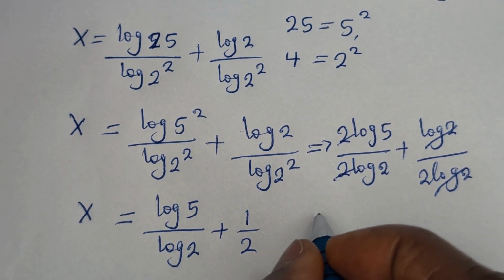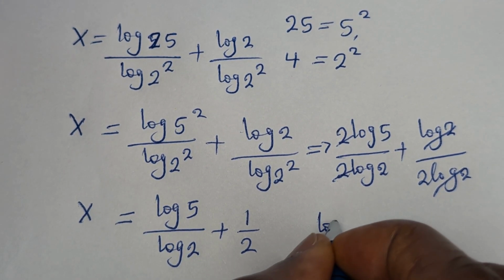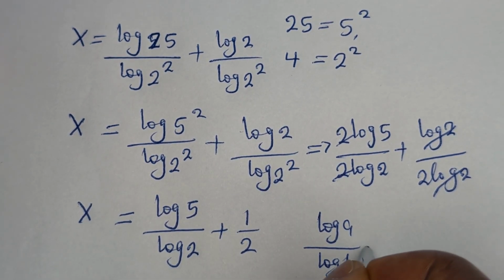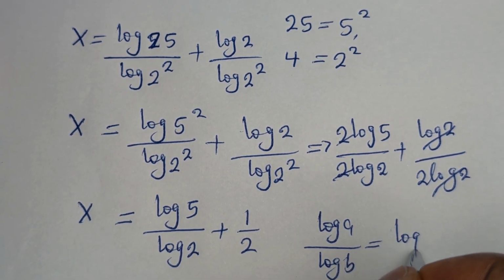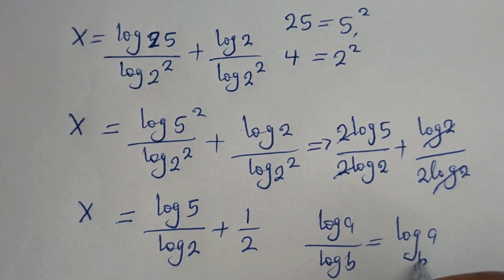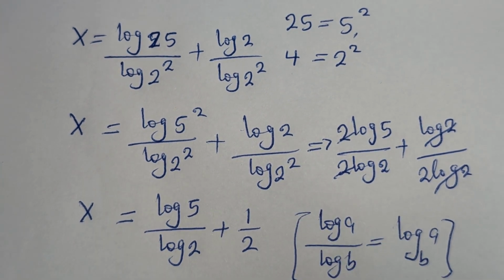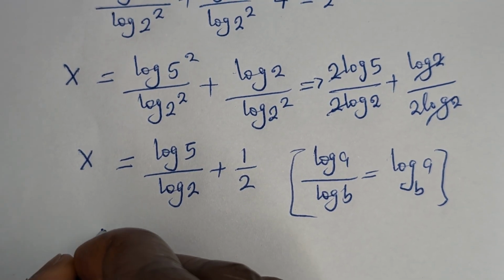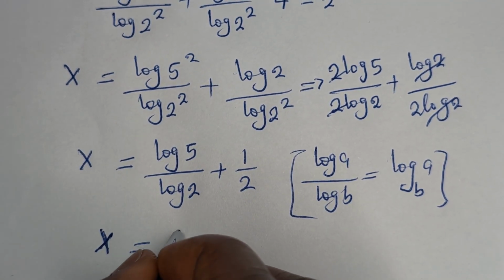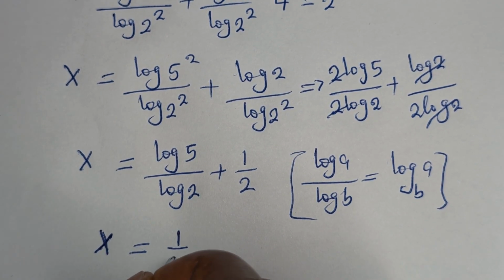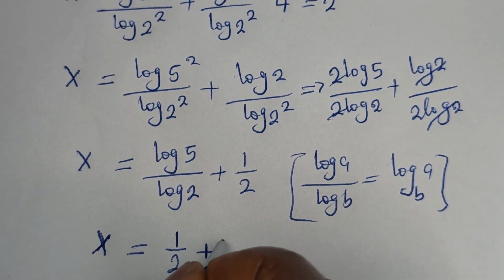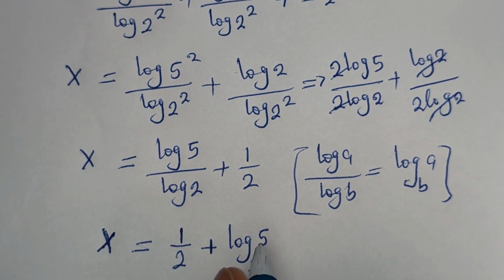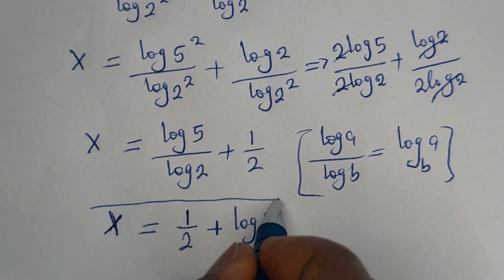Then if you have log a over log b, this is equal to log a base b. x is equal to 1 over 2 plus log 5 base 2. This is the final answer.